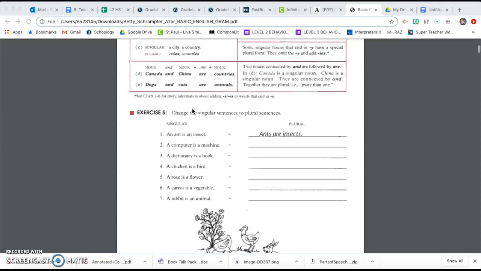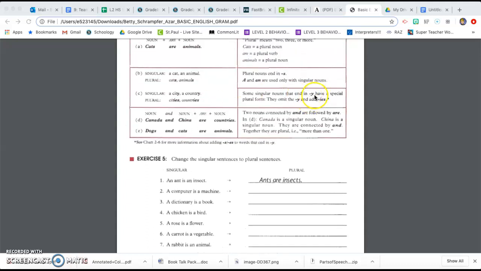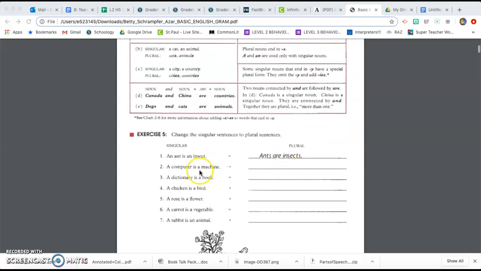We need to change it. Remember, we change words that end in y and we add I-E-S. So what it should say is dictionaries are books. Dictionaries are books.